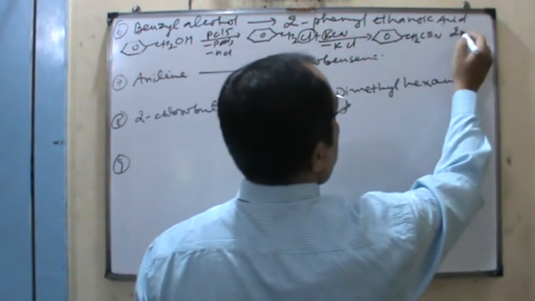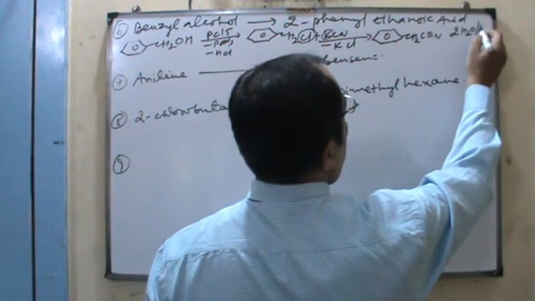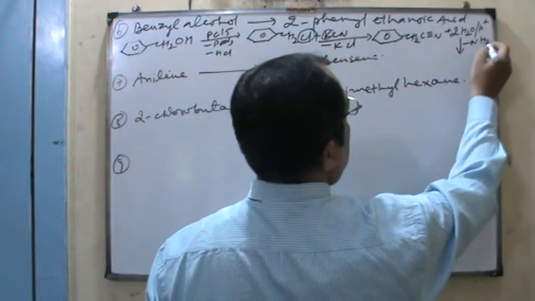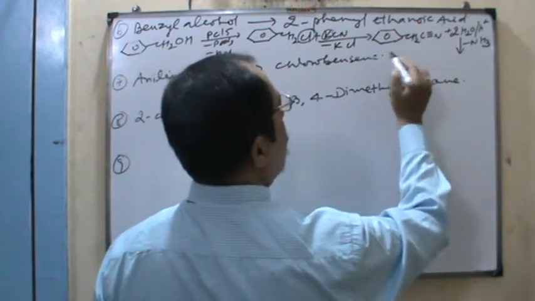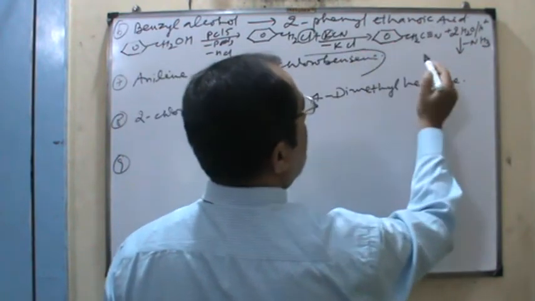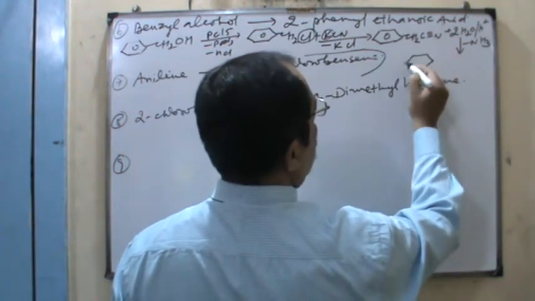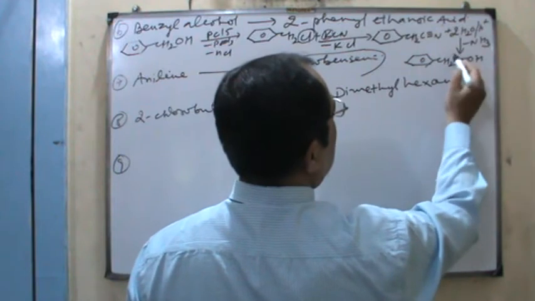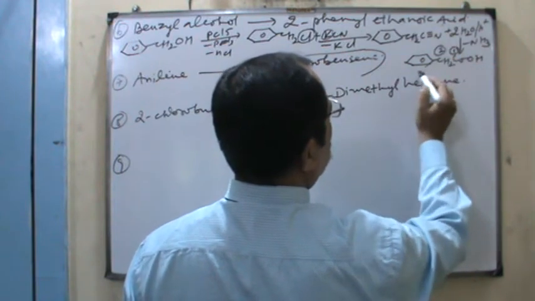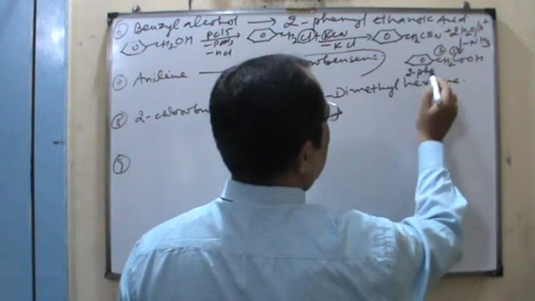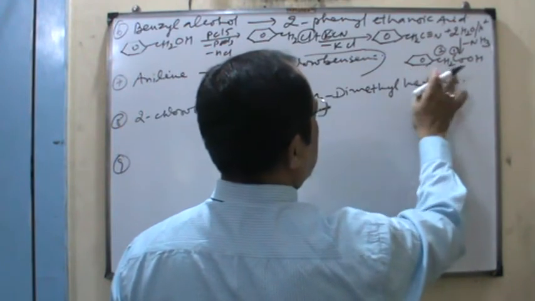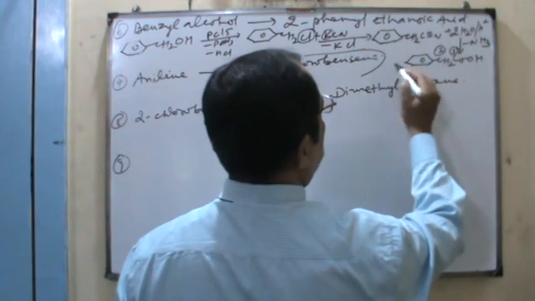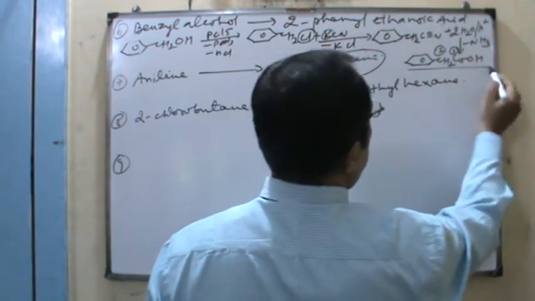It is treated with 2 molecules of water in acidic medium. Ammonia is lost, and you will get 2-phenyl ethanoic acid.